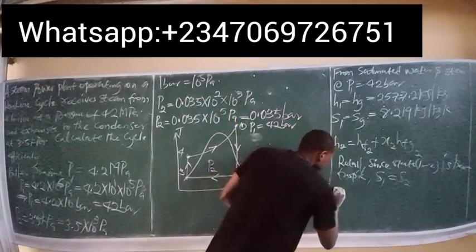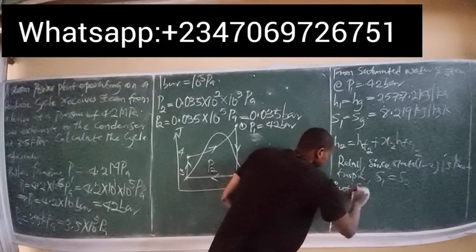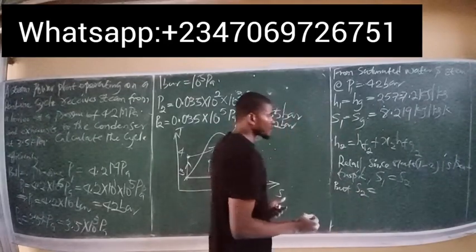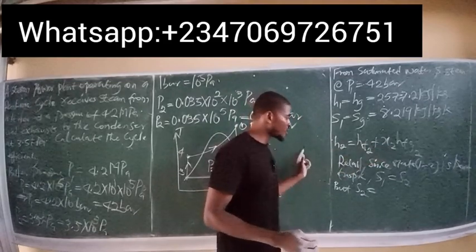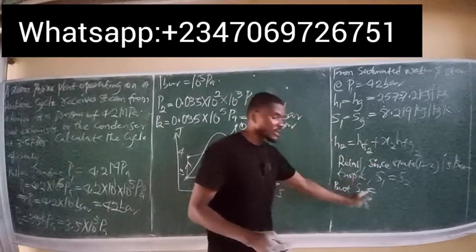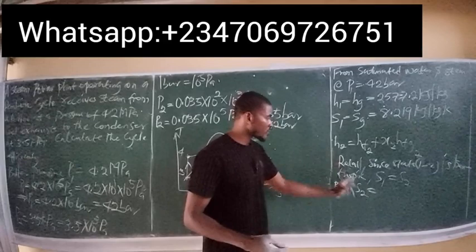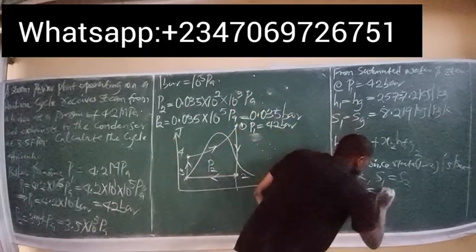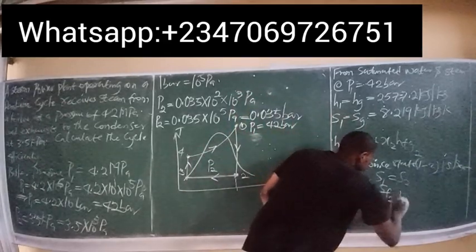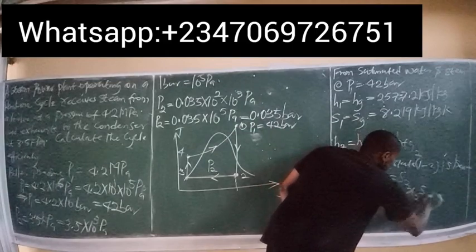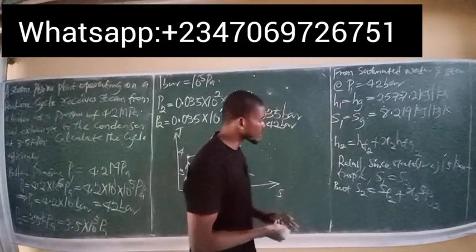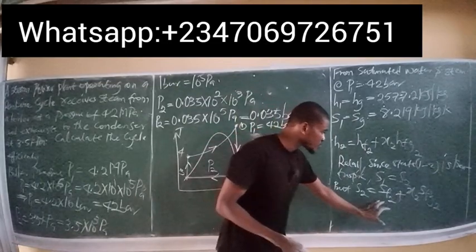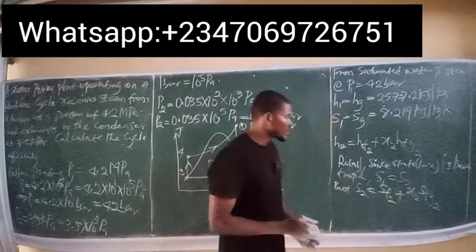And S2 itself, entropy at state 2, is still the same formula as this. But the only thing that changes now is the thermodynamic property: no longer enthalpy, but entropy. Entropy now becomes SF2 plus X2 SFG2 at state 2. So all we need to do now is to find SF2 and SFG2 at that given state.